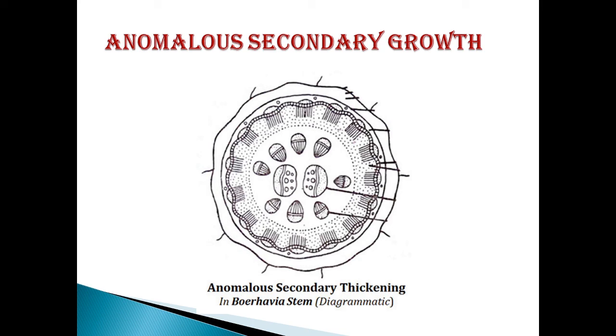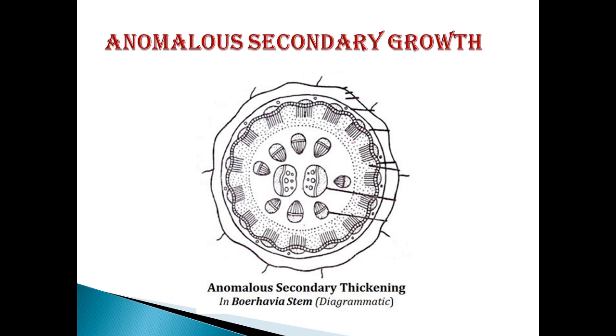So the secondary growth can be studied in detail. The first character of anomalies is the unusual behavior of cambium. The second is abnormal functioning of the cambium. Third is the formation of more than one ring of vascular bundles. And fourth, the formation of extrastelar cambium.